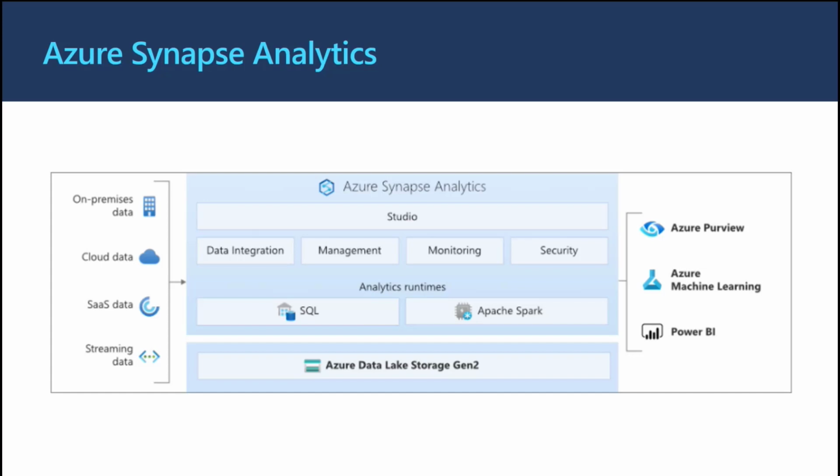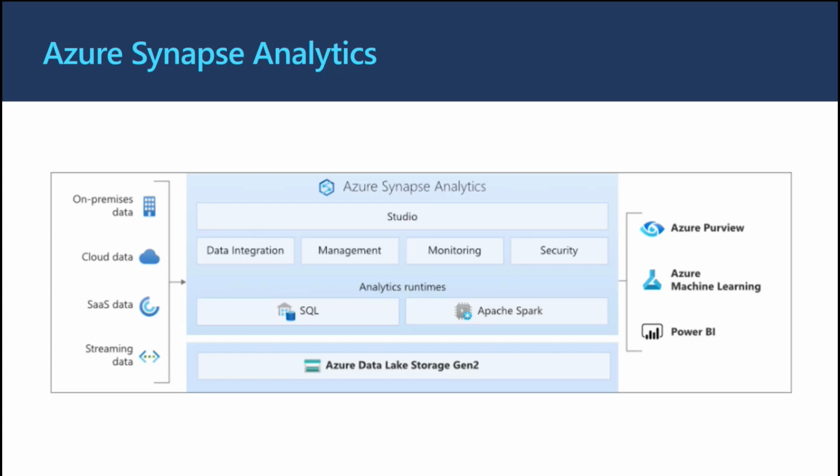In Synapse, we also offer enhanced developer experiences for code-free and code-first implementations. We support multiple languages suited for different analytical workloads, whether that be SQL, Spark, or .NET, through the different engines.